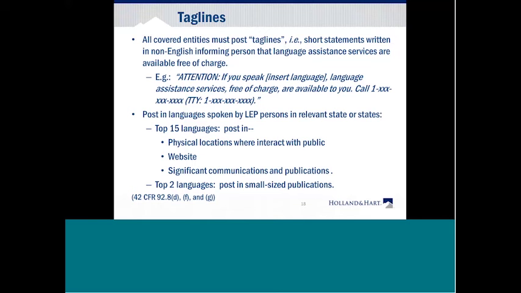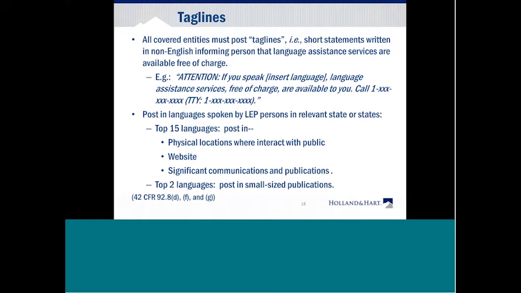You have to provide that translation in the different languages. Now, which languages do you have to do? Well, it depends. You have to post that tagline in languages spoken by persons with limited English proficiency in the relevant state or states.